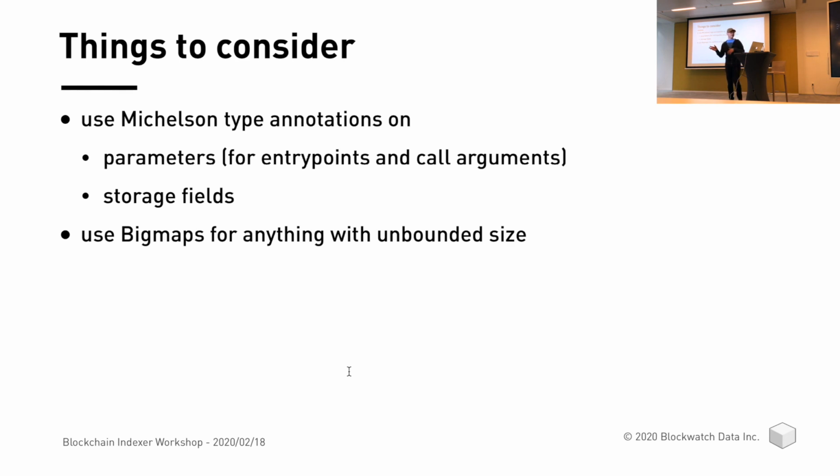This is a more generic thing, the last part. When you store data that you know will grow in size over time, with more users using your contract, always use a big map for that. Because when you use the old school storage, this storage is always put in its full into the receipts of a transaction.